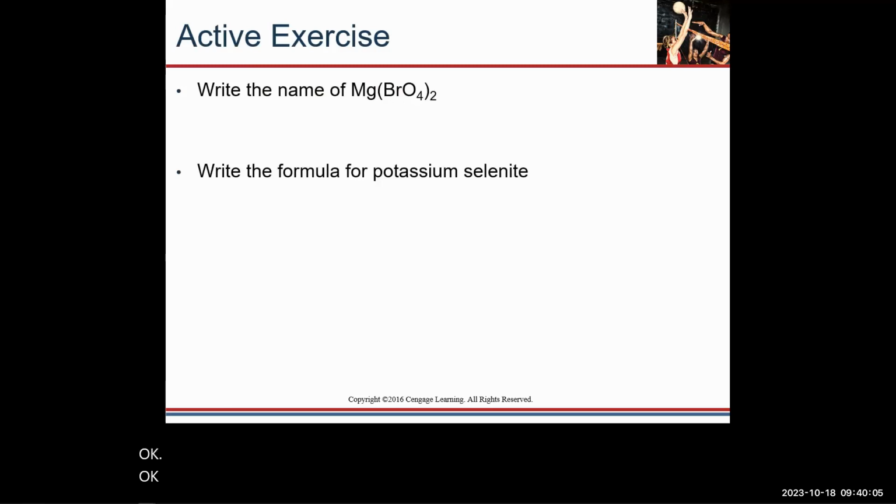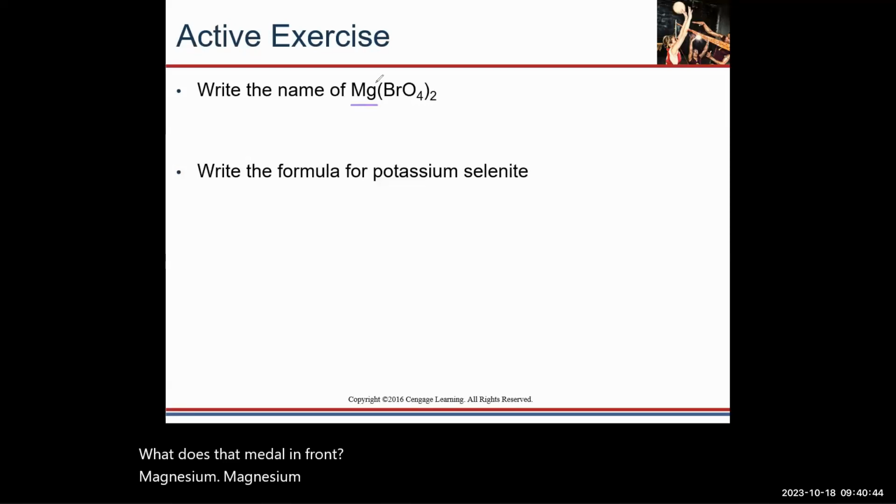Okay, so write the name of Mg(BrO4)2. What is that metal in front? Magnesium.